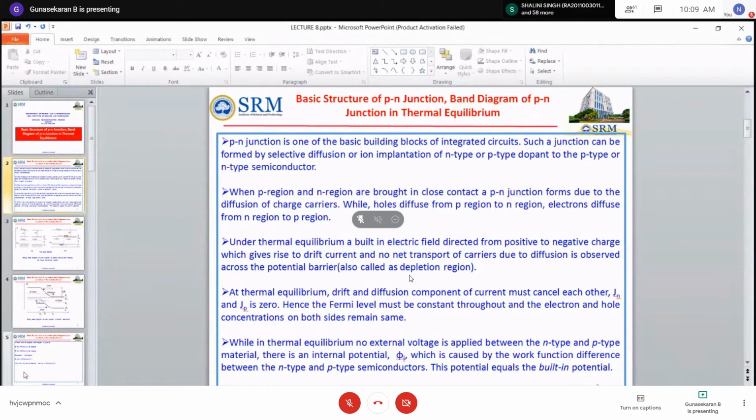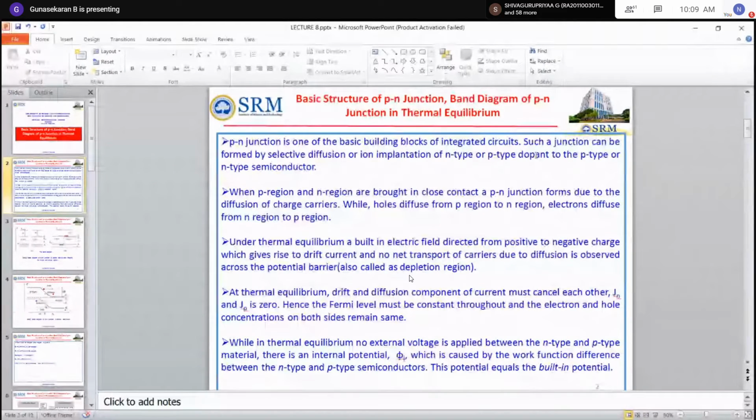Now, the PN junction is formed. Once the PN junction is formed, both the charge carriers are very close to each other. So what happens? According to the diffusion concept, initially diffusion takes place.